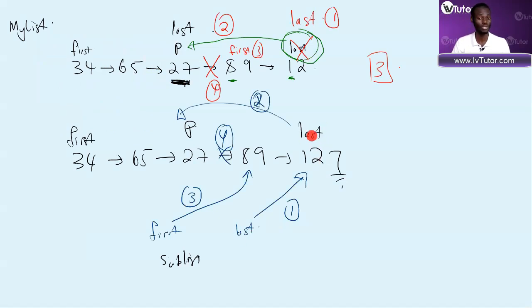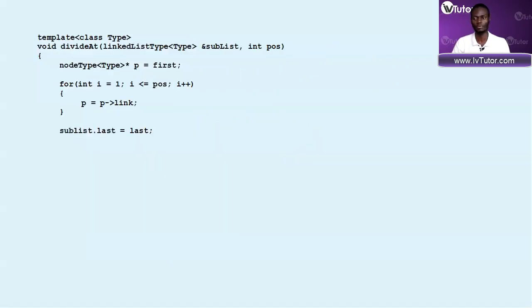Step number 1. Step number 2, let's move last to P, right? So you can go, well, last equals P. Step number 3, move sublist first to the node after P. So I can go sublist.first equals P dot link, the next node.